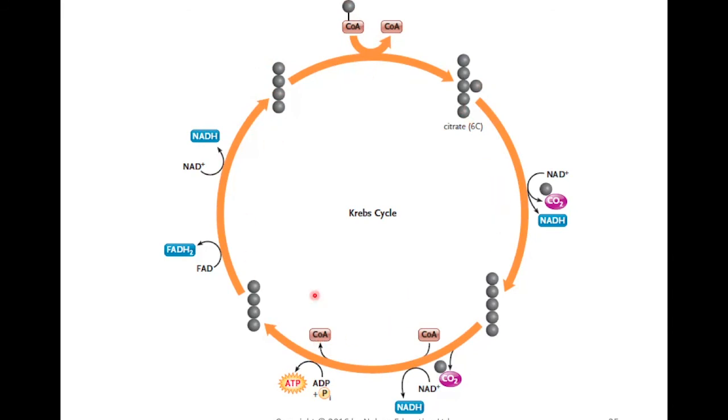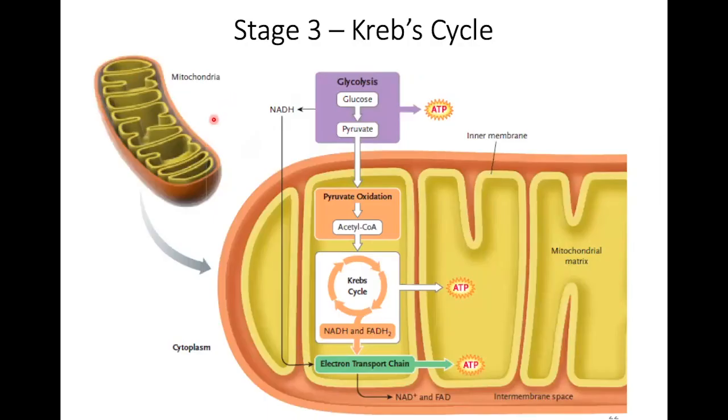And remember, this cycle that's illustrated for you here is just a series of reactions taking place within the mitochondrial matrix. Okay, so just to recall here, glycolysis is taking place outside, and as soon as we're looking at pyruvate oxidation, Krebs cycle, and even electron transport, all of that's taking place within the inner region of the mitochondria, known as the mitochondrial matrix.